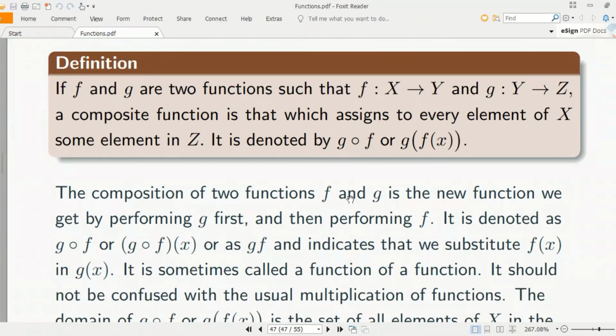So the composition of two functions f and g is the new function we get by performing f first and then performing g. It is denoted as this, or as this. We substitute f of x inside g of x.